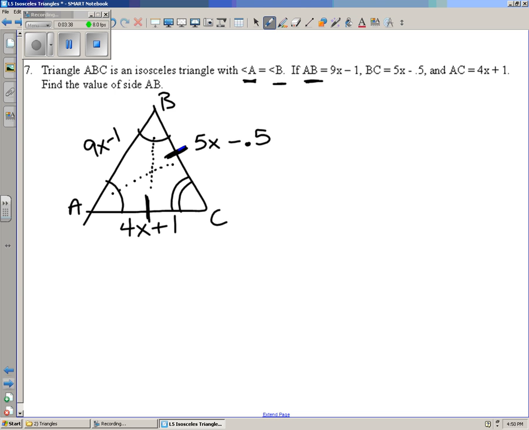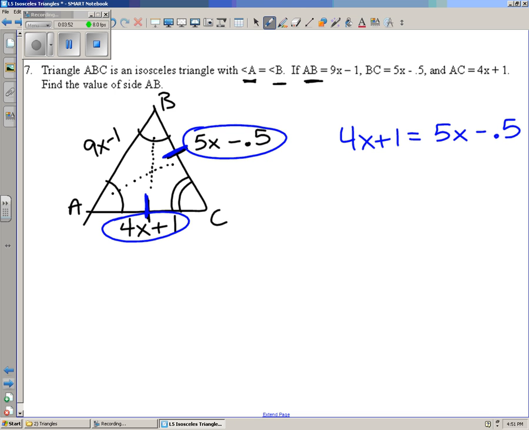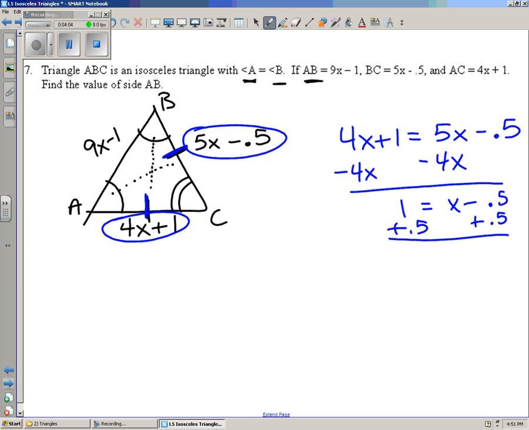Since we have the dash on BC and the dash on AC, 4x plus 1 is equal to 5x minus 0.5, and that's how we can set up an equation. So subtracting 4x from both sides, we get 1 equals x minus 0.5, and adding 0.5 to both sides, x is equal to 1.5.